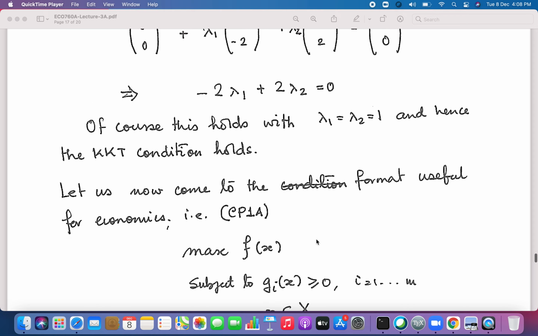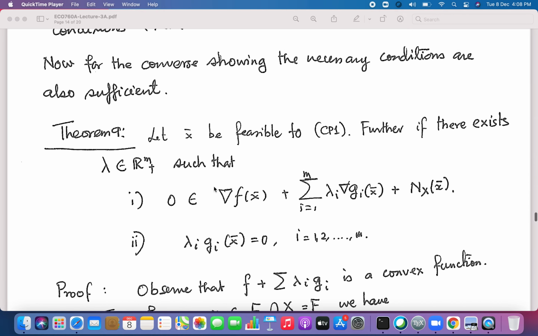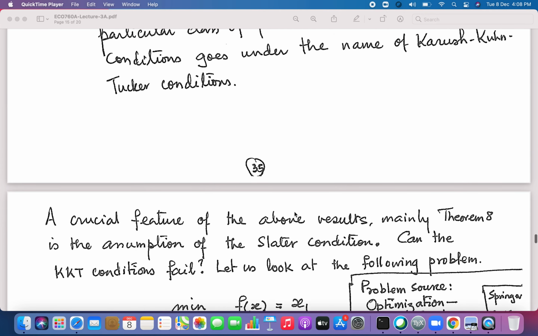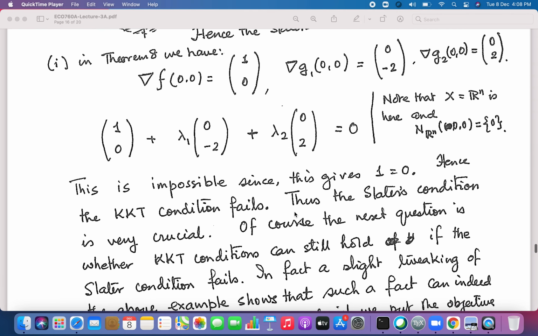And if you look at the one for the minimization case, you have here minus of grad f(x bar) minus of this is an element of N_X(x bar). If g_i's are not there, it will be just nothing but minus grad f(x bar) an element of N_X(x bar), the thing that we had learned not in the last class, rather the last to last class.